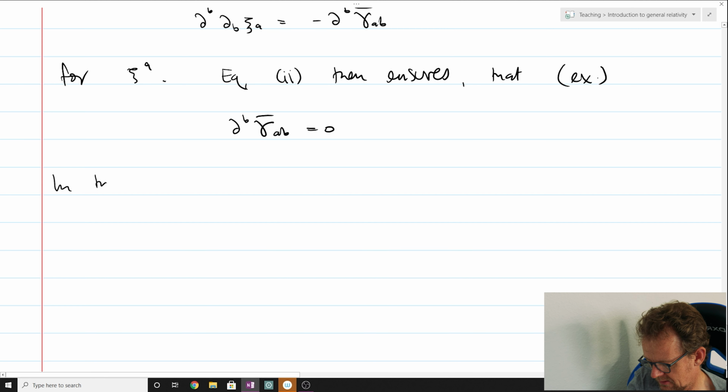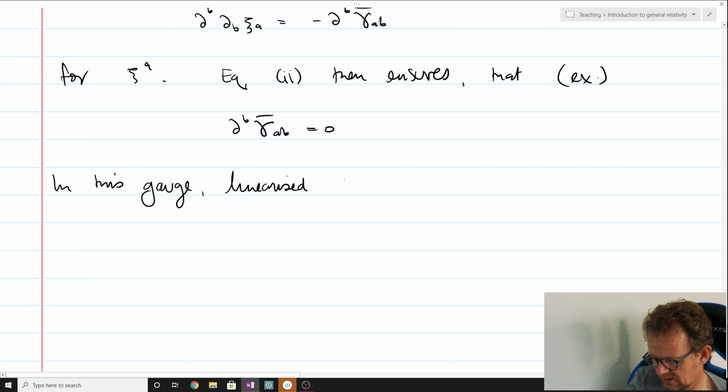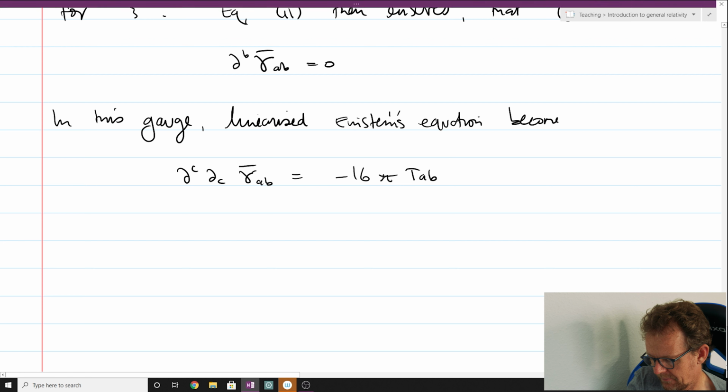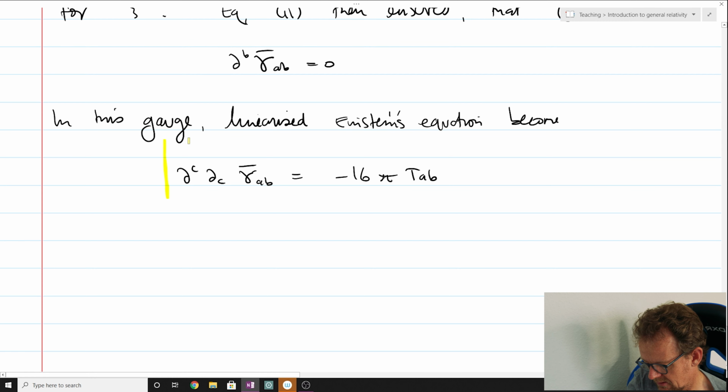So now we've chosen a gauge, a simpler parameterization of the manifold, and many terms in the linearized Einstein's equation vanish now. And it becomes super simple. So linearized Einstein's equation becomes ∂_C ∂^C γ̄_AB equals minus 16π T_AB. It's almost as simple as it can be.